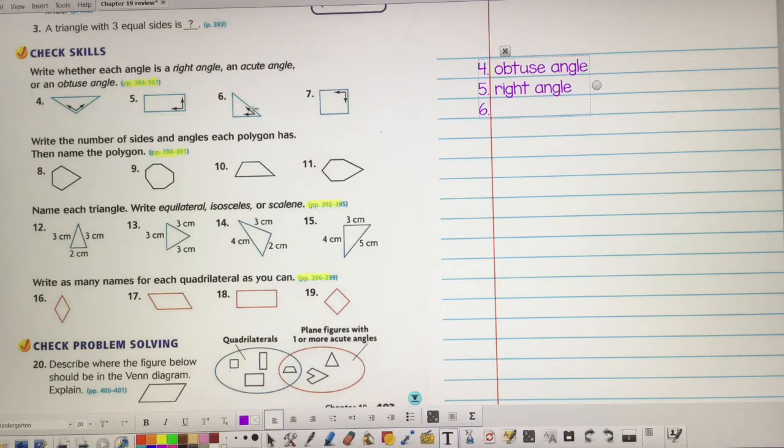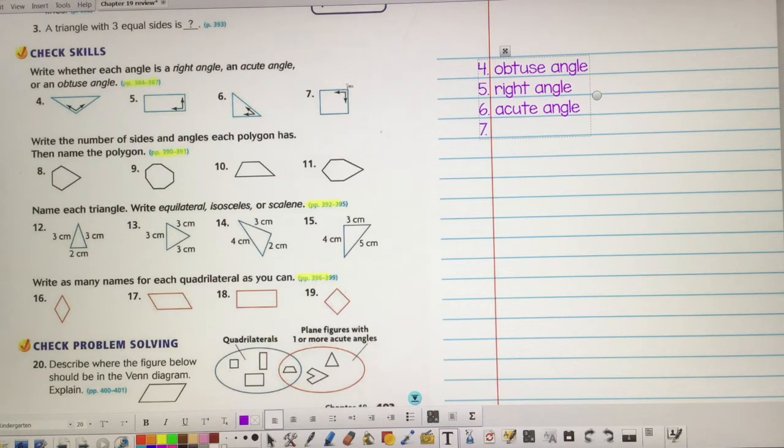Now 6, I'm looking at that angle, and that definitely is not a perfect corner like number 5. And it's not a large one. It's actually pretty small, which makes it an acute angle.